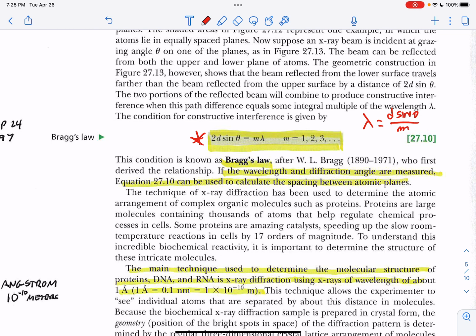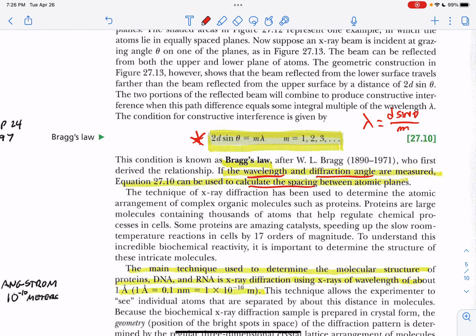This is called Bragg's law. And if the wavelength and the diffraction angle are measured, you can use this to calculate the spacing between each layer of atoms in the crystalline structure, which of course would be a fundamental clue as to what kind of crystal the X-rays are impacting.